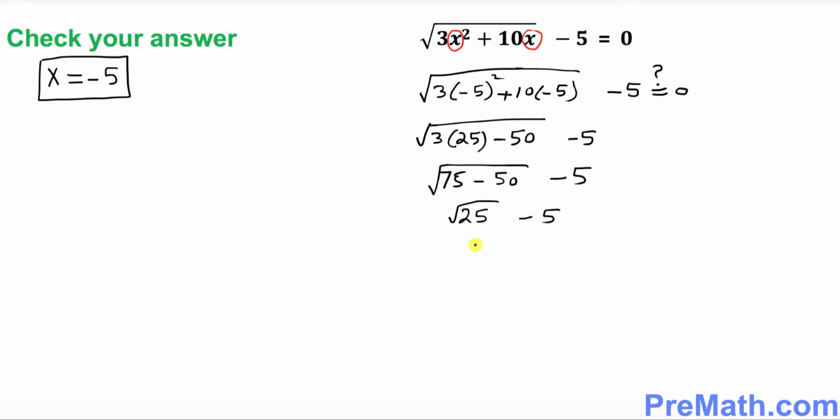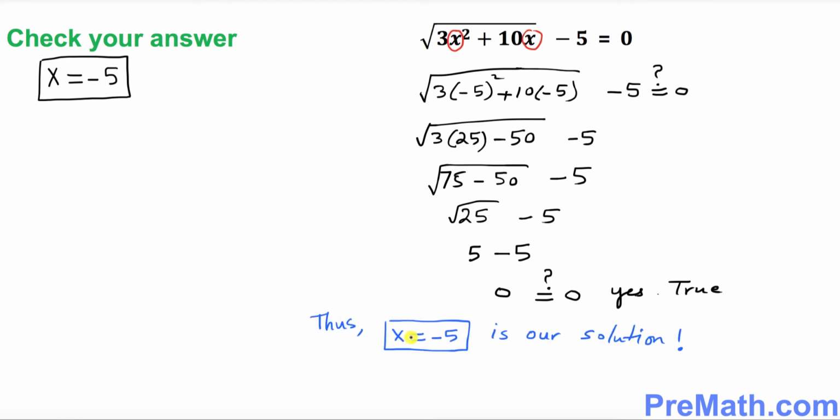The square root of 25 is simply 5, minus 5 equals 0 on the left hand side, and what was on the right hand side is 0 as well. Ask yourself, are they equal? Yes, they are. So this statement is true, and that means x equals -5 is our solution.